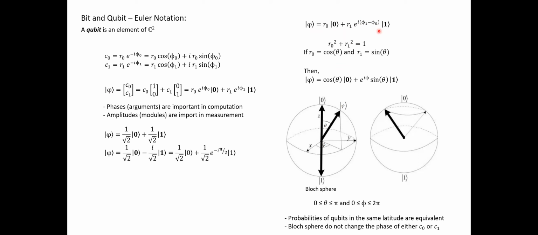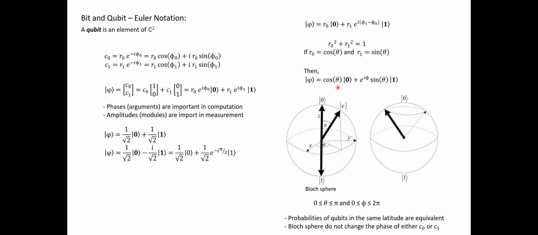But this is for visualization purposes, because the values of phi0 and phi1 are important. As we defined before, the sum of the squares of the amplitudes is equal to 1. So we can rewrite R0 as cosine of theta and R1 as sine of theta. Then we can have a notation like this.